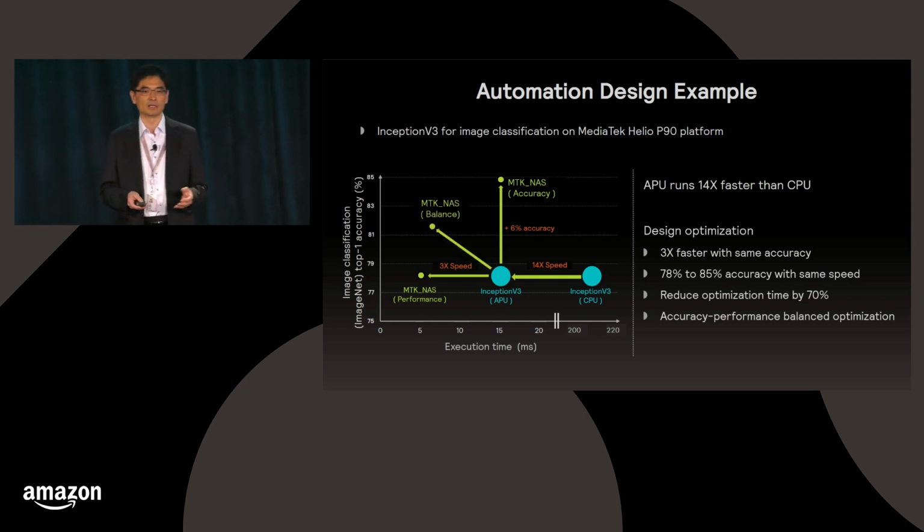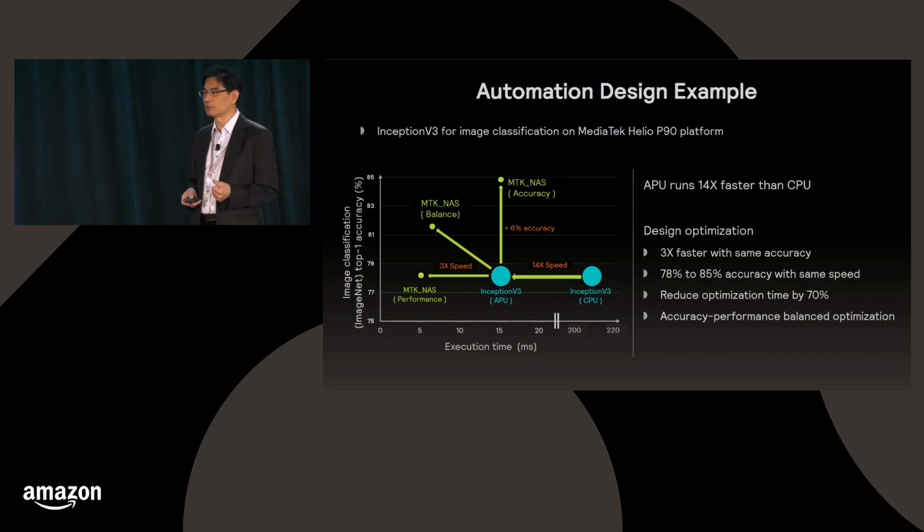Also, this algorithm allows you to do accuracy-performance trade-off optimization by adjusting the weight of the accuracy or performance. As you can see, the engineering resource is also reduced by 70%. So automation design is a very active research area.